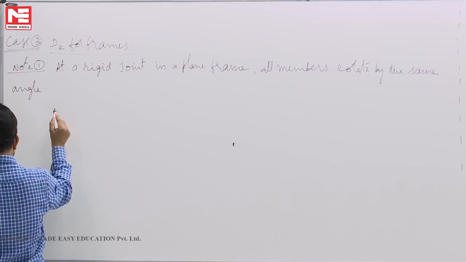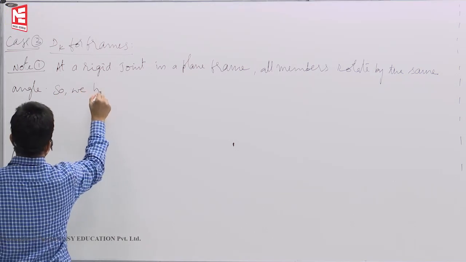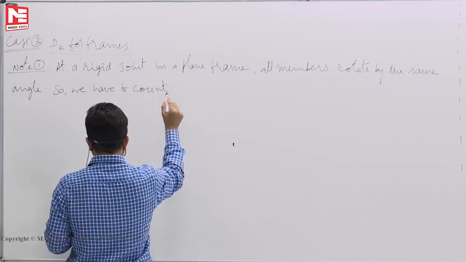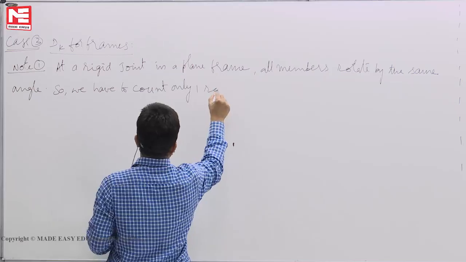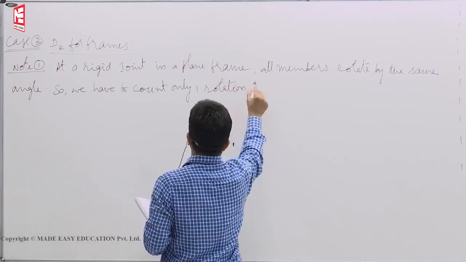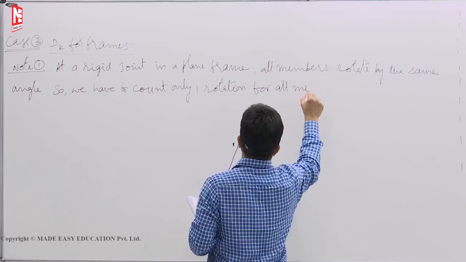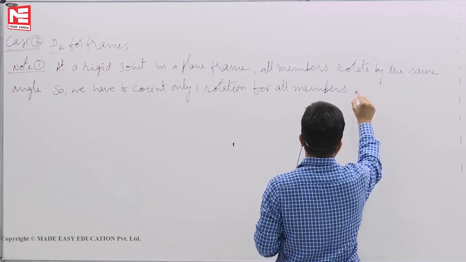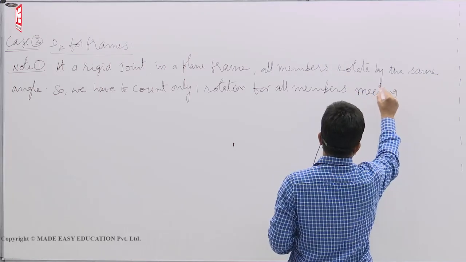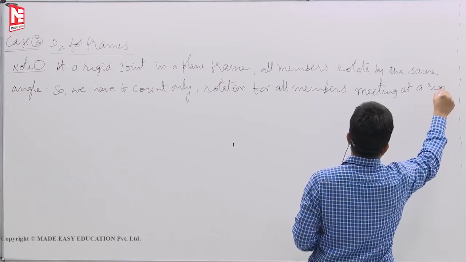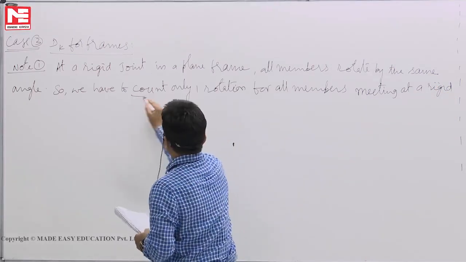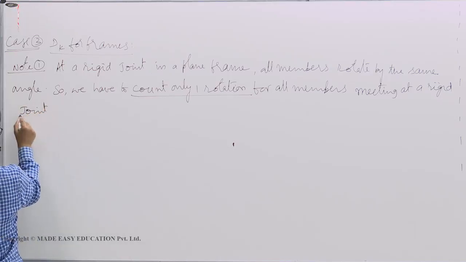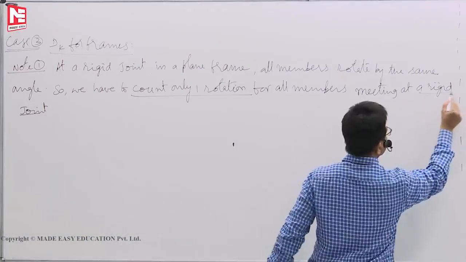So we have to count only one rotation. One rotation for all members meeting at a rigid joint. Count only one rotation for all members meeting at a rigid joint. So this is the point you have to remember.